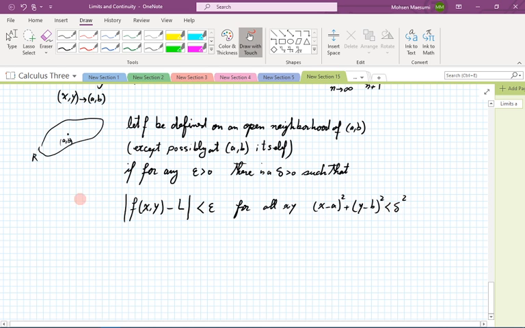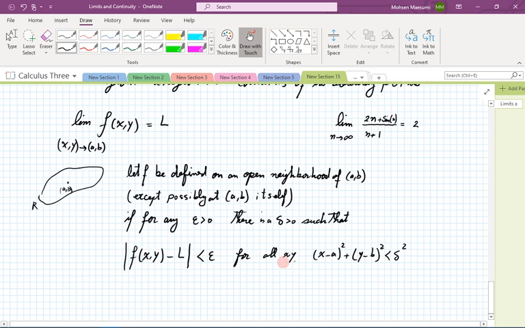If for any epsilon you can find the corresponding delta, then you are justified in saying that the limit of f of (x, y) is equal to L.